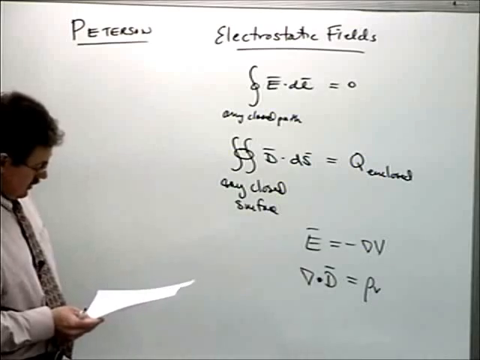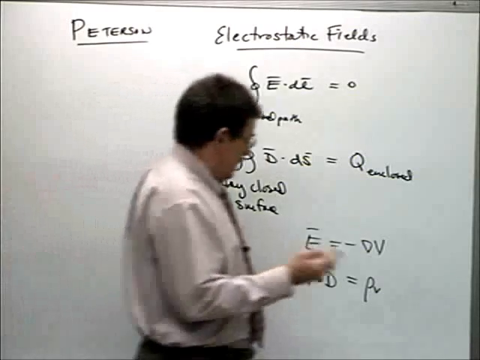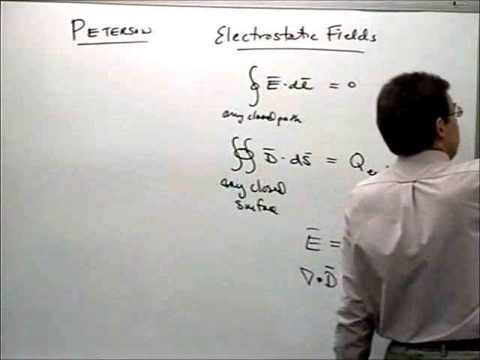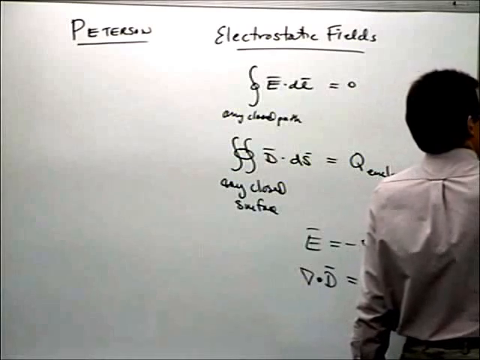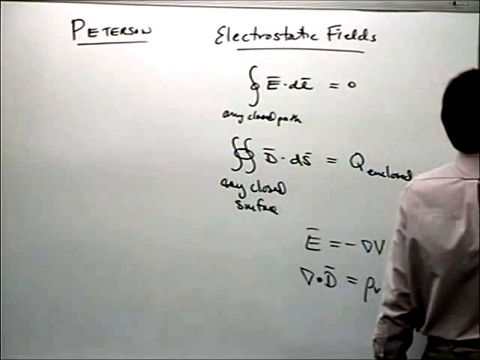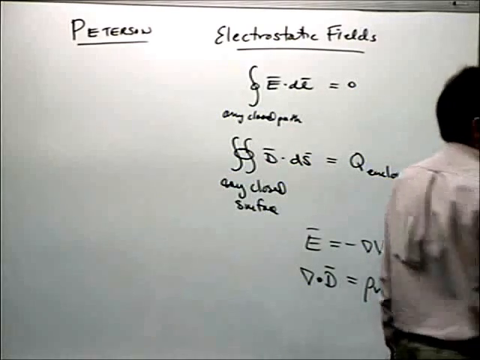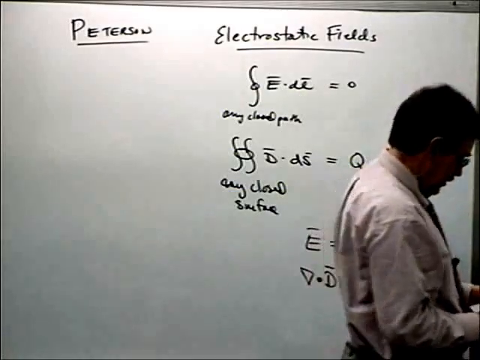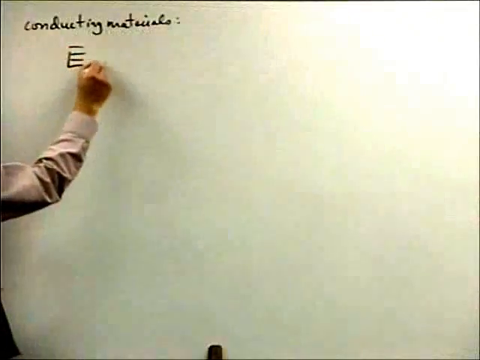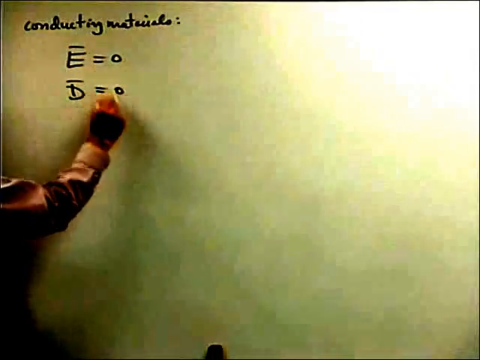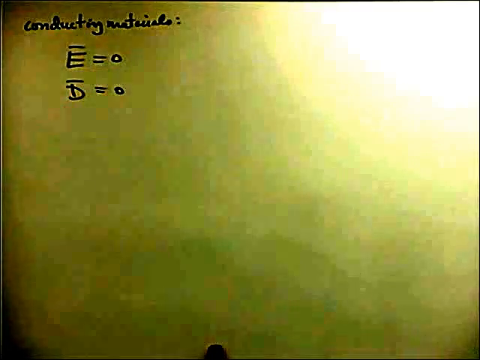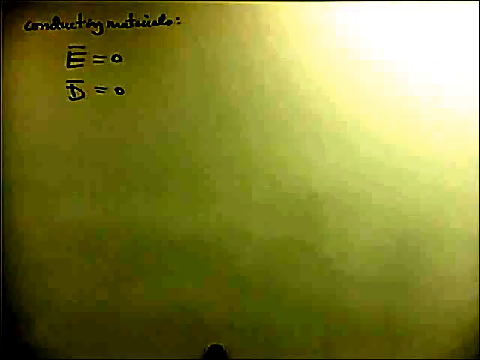Okay. If we're in different kinds of materials, we have other conditions that come into play. If we're in conducting materials, our field has to be 0, so we have both the electric field equal to 0 and the electric flux density equal to 0.